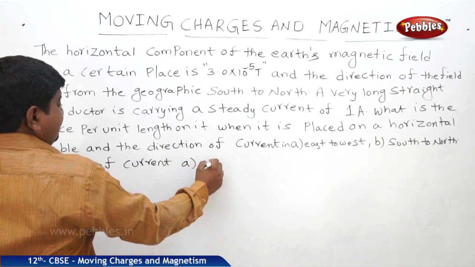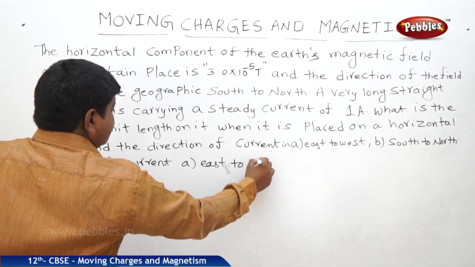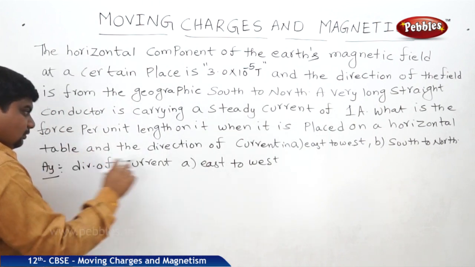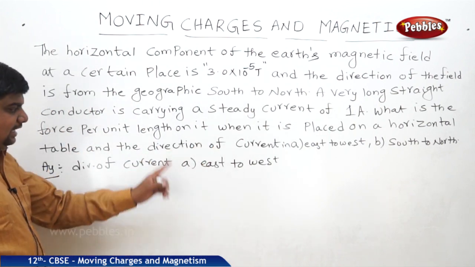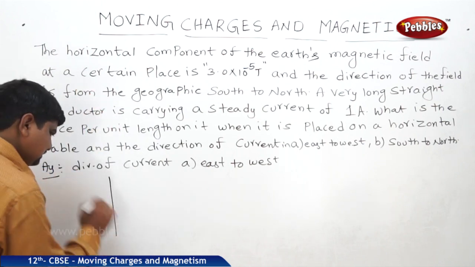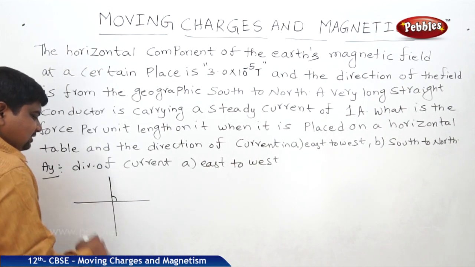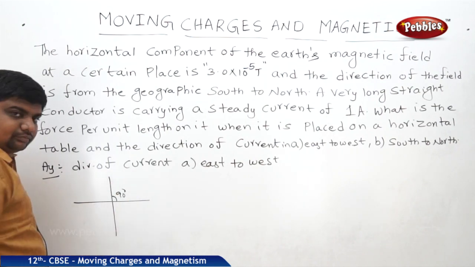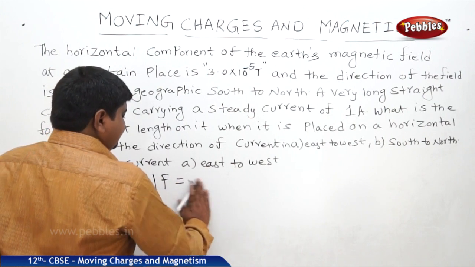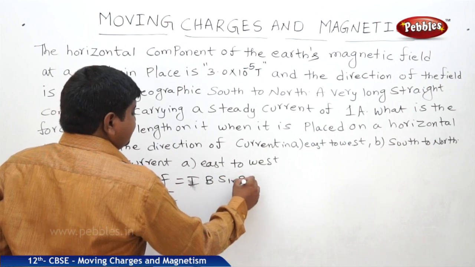From east to west. When a current direction is east to west, south to north is the magnetic axis. Current direction is east to west, the angle between them is 90. So, F is equal to ILB sin theta or F by L is equal to IB sin 90.